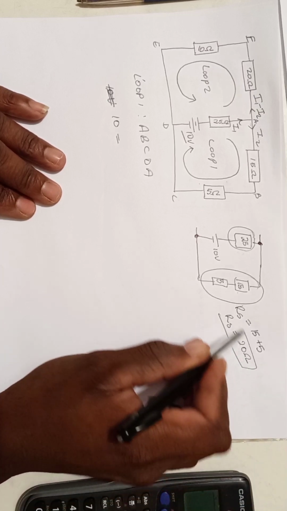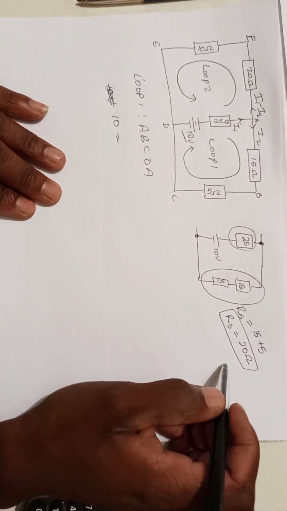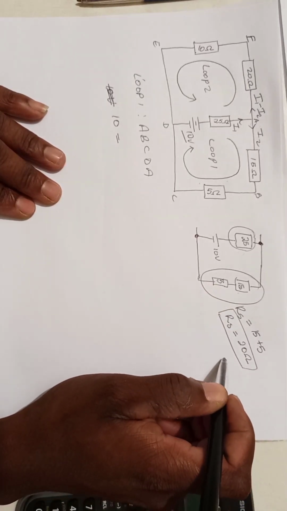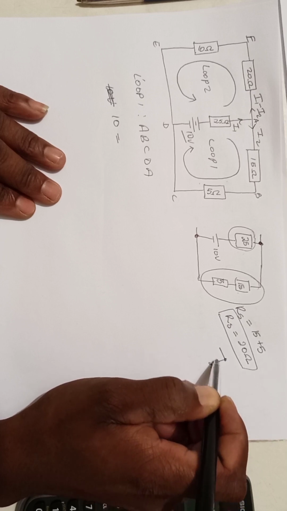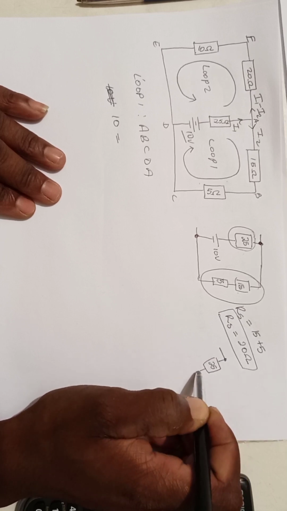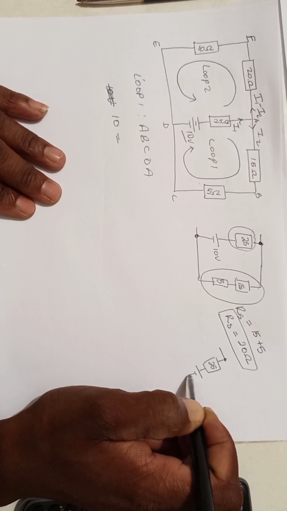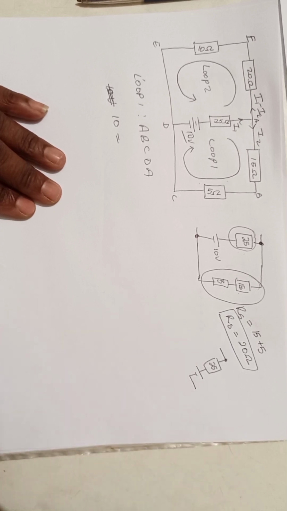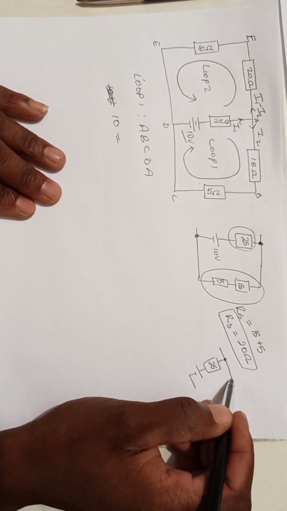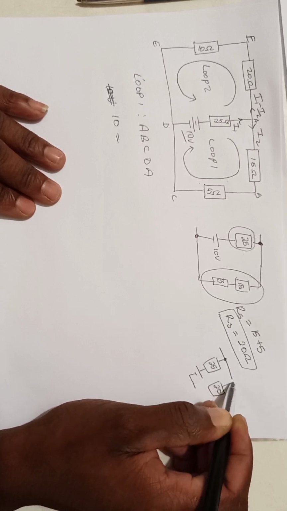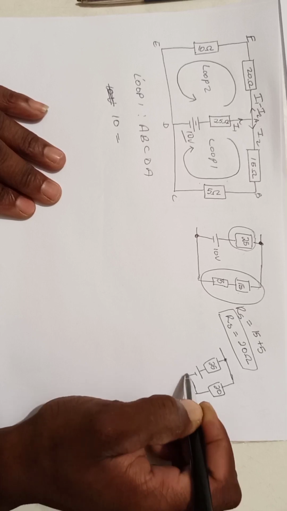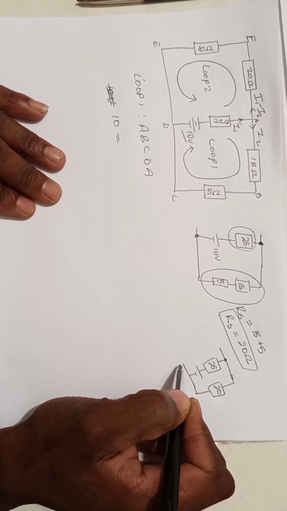Now this circuit has changed. It's like this now. We've got the 25 ohm resistor, we've got the battery, and we now have the 20 ohm resistor. So now this circuit is like this.